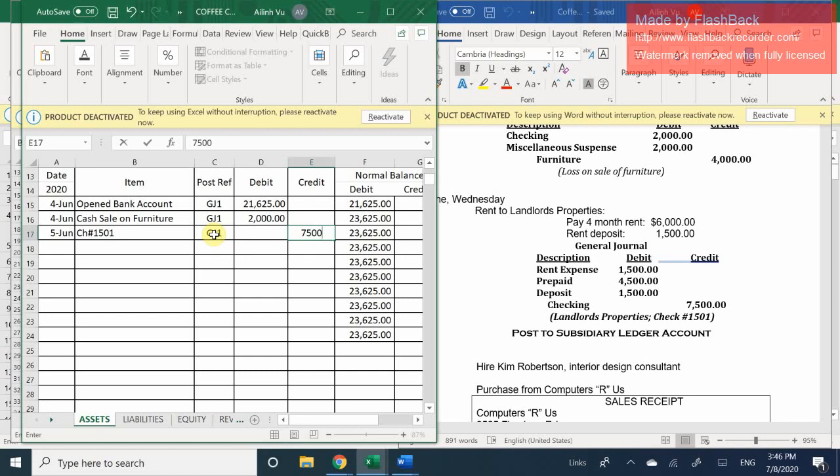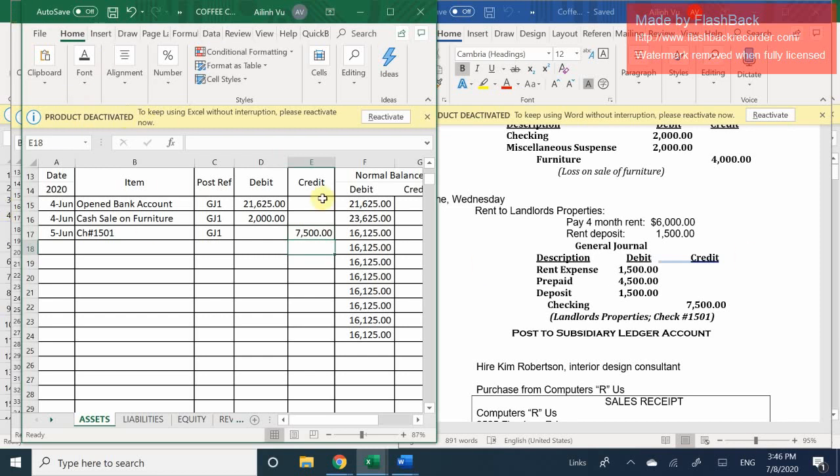What's my balance going to be? It's going to go down to 16,125. Yes, good. 16,125.